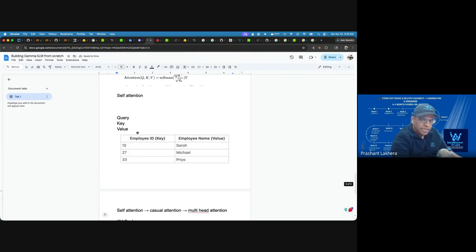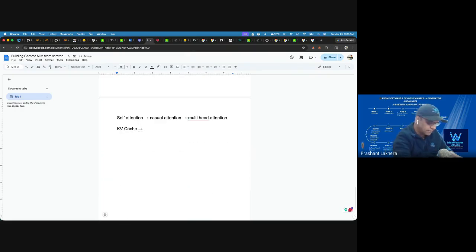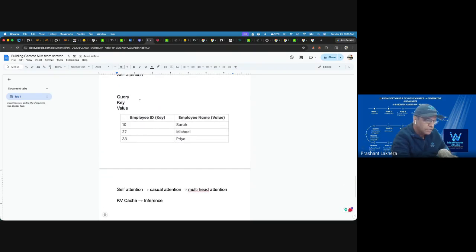Okay. So the main idea behind the KV cache, and again this is for the inference part: now we are shifting gears and we are on the inference side, where the model is trained and we are asking questions to the model. Here, what these guys have figured out is that the question which the user is asking keeps on changing. One time he's going to ask about employee ID 10, sometimes employee ID 27, sometimes 33. So this query keeps on changing.